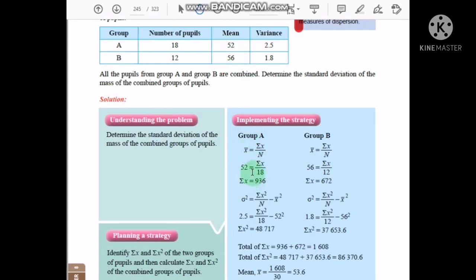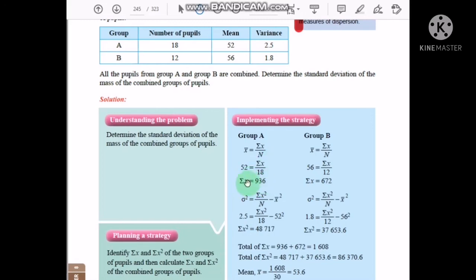So 52 is equal to the sum of x, which we don't know and need to find, divided by n. n is the total number of people, which is 18. Then 18 multiplied by 52, you will get the sum of x equal to 936.